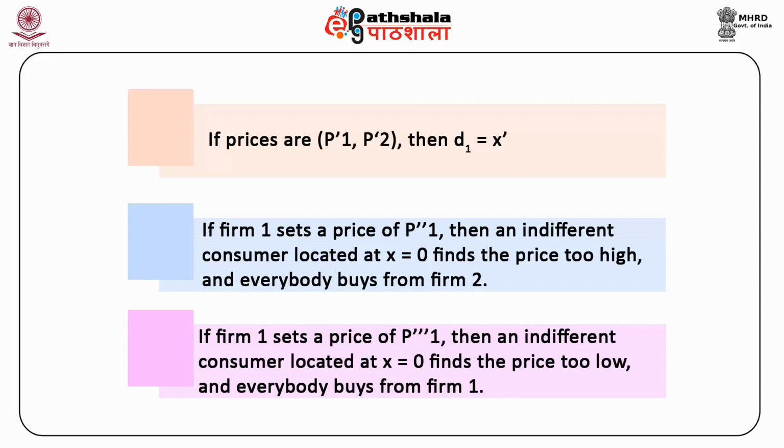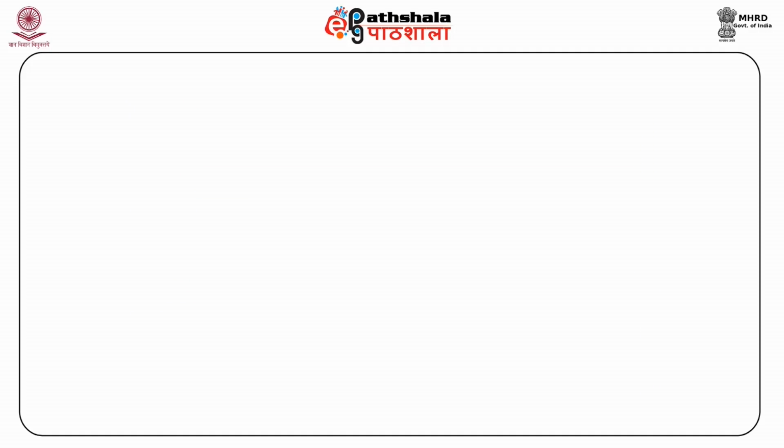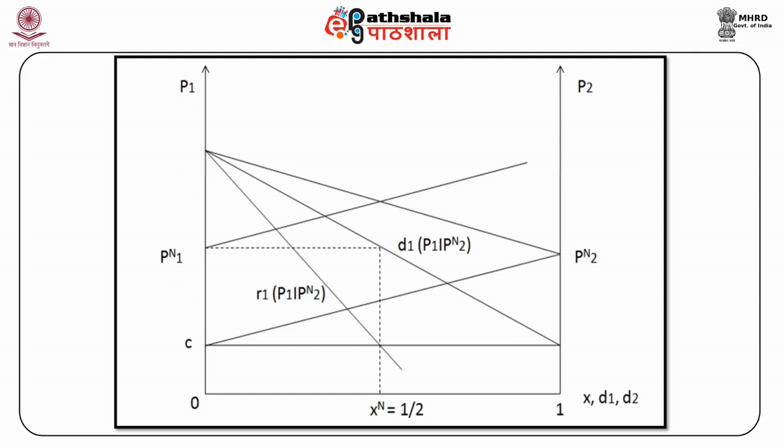Thus, for any price set by firm 1 between these two extremes, we get a demand curve D1(p1, p2), which is a function of the price set by firm 2. Once the demand for firm 1 is known, the Nash equilibrium for the Hotelling model can be identified as shown.